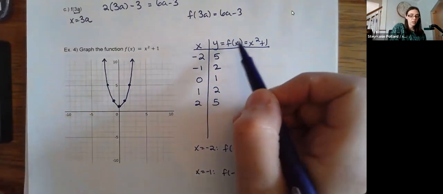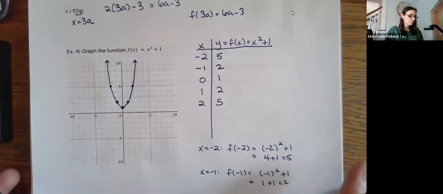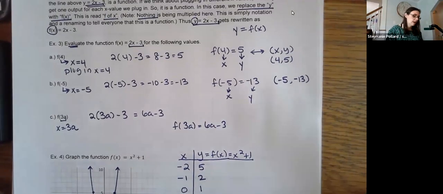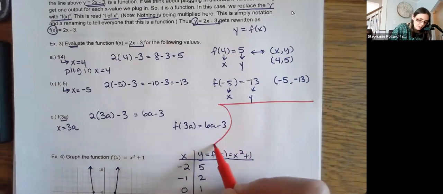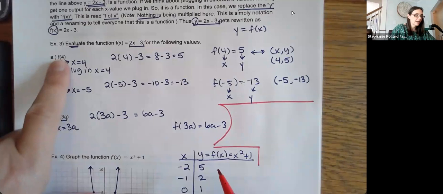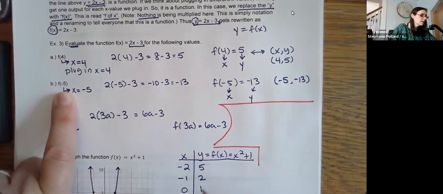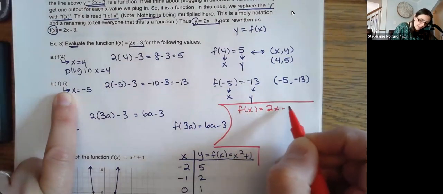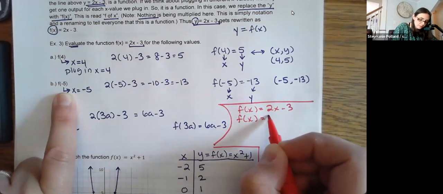If you don't like the function notation, you can always change it back to a y, and it's the same exact process. One thing I do want to note real quick is that sometimes you see things that look like this. In our examples here, we were plugging in the 4, plugging in the -5, etc. Sometimes, instead of your function being written like that, they may give you something like this.